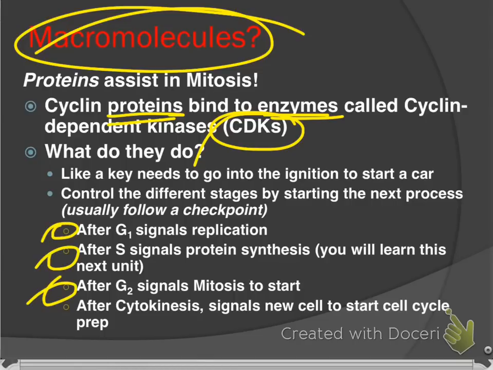Okay, so back to interphase here, where G1, S, G2. These are going to be proteins that help signal the next unit. So they're going to help signal the cell to go from G2 to mitosis. They're going to help signal from S to go to G2, G1 to go to S. They're just little helpers. And then after cytokinesis, it starts a new cycle.